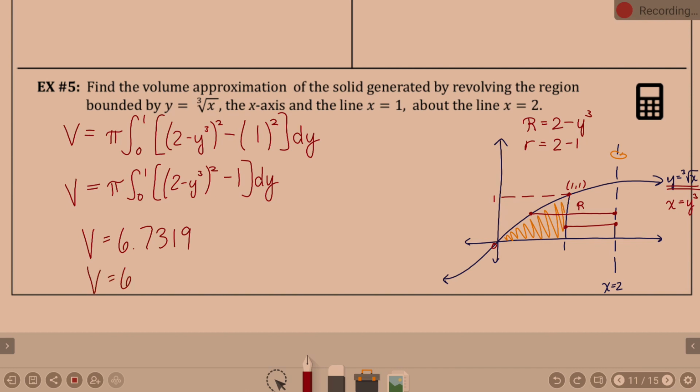What is wrong? 6.732. Did you put your pi out front, Sophie? I'm doing that. Oh, okay. So it's not that you definitely mistyped something. It's a matter of what. I had 236. That was going to be one of my guesses. It was a parenthesis issue.